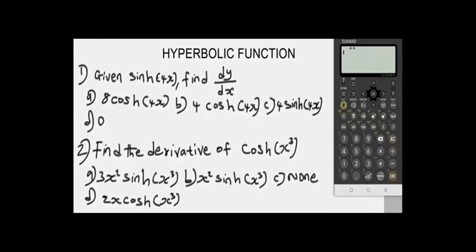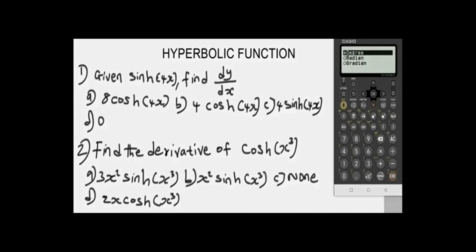The next thing you're going to do will be to ensure that the calculator is in radian. By default it used to be in degrees. So when solving derivatives, always ensure that the calculator is in radian. To put it in radian, press the setting button. Now you will see calculator settings, press execute, then navigate down to angle unit, press execute.